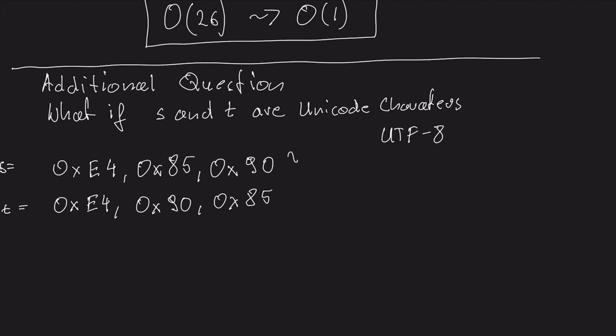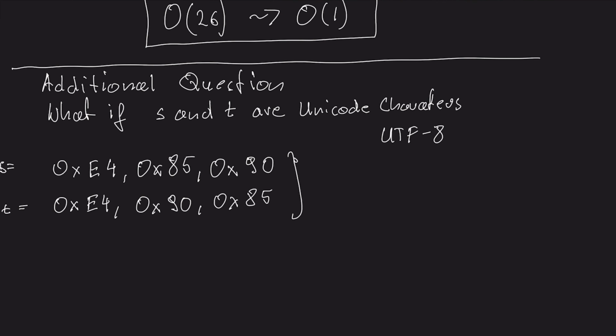And the example I have on the screen are 2 different Chinese letters. And if you notice, they have the same leading byte and the same bytes, 85 and 90. These are hexadecimal values. But the 85, 90 and 90, 85 bytes are in different order in those 2 letters.